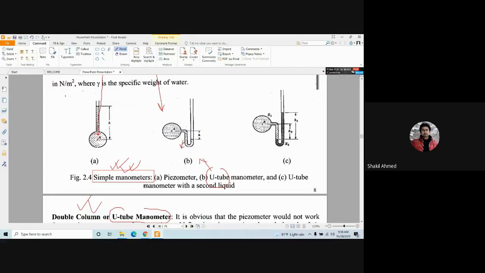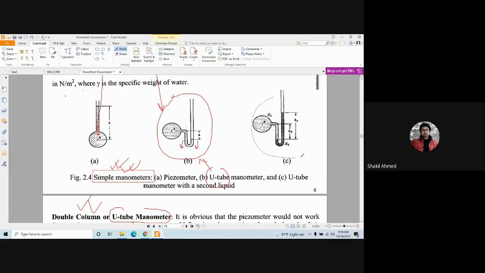This is acting here, and this is acting here, so they are balancing each other. So these cases of extreme low pressure and extreme high pressure can be resolved, and the U-tube manometer can give you a reading.